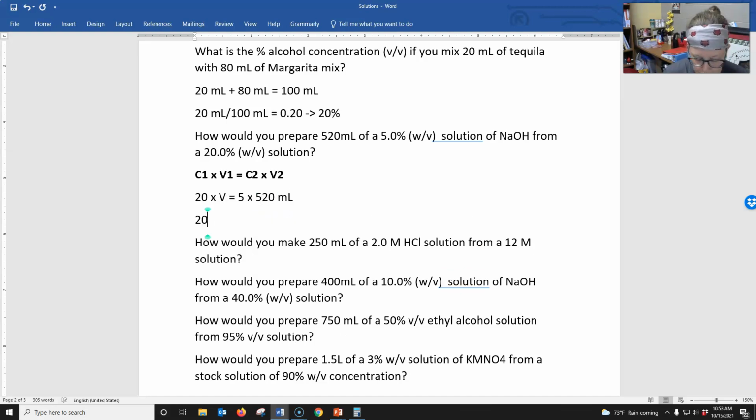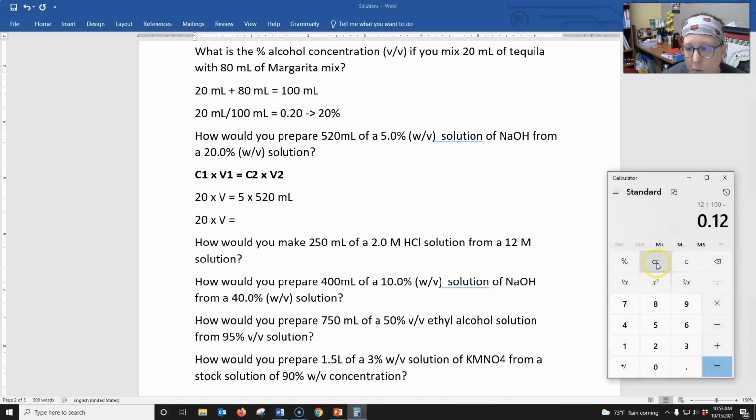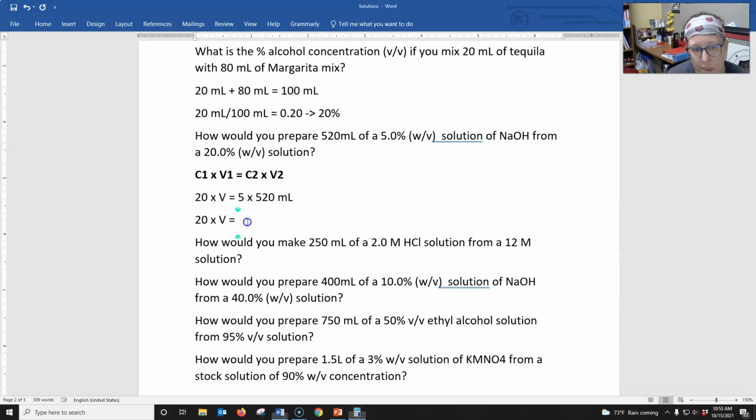So we have 20 times V equals, and then we're going to go here, 5 times 520. So it's 2,600. Okay, and then we isolate V, so we're going to divide both sides of the equation by 20.